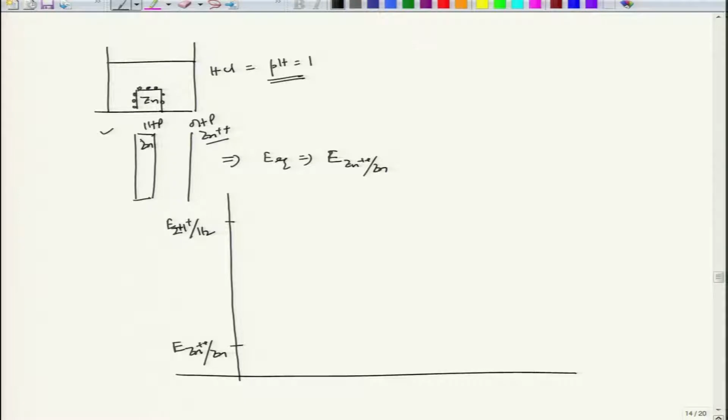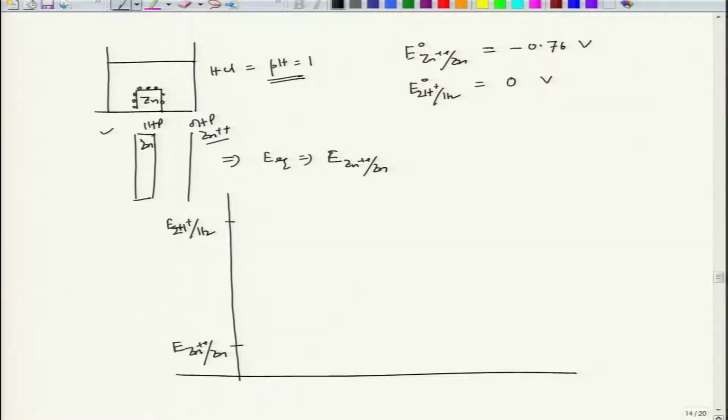Since we already know that E0 zinc plus zinc equal to minus 0.761 volt, and E0 H plus H2 equal to 0 volt.